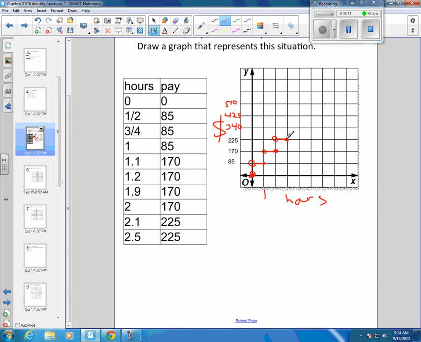Okay, so you keep going. This would be second hour, third hour, fourth hour, fifth hour. Okay, so as soon as I reach 3 hours and 1 minute, I'm at $340. 4 hours and 1 minute, I'm at $425. And 5 hours and 1 minute, I'm at $510.